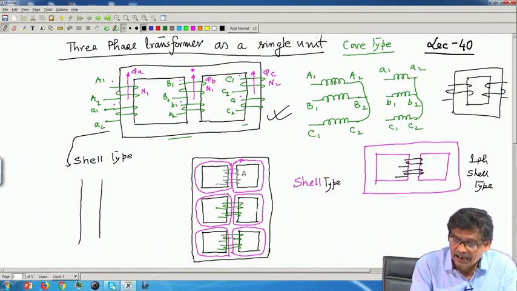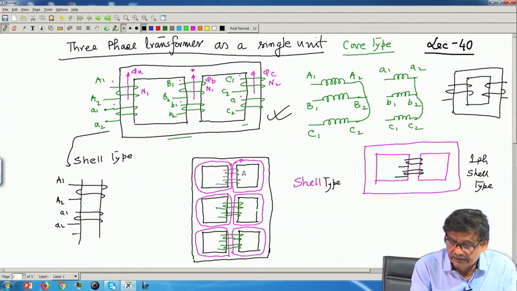Suppose I can also do like this. This is the primary winding A1 A2 and there will be two secondaries like this, a1 a2 and a3 a4.